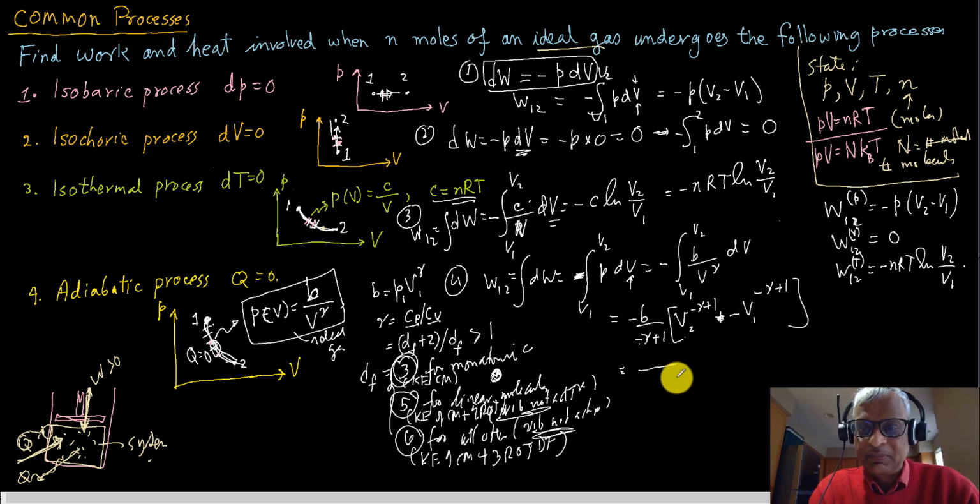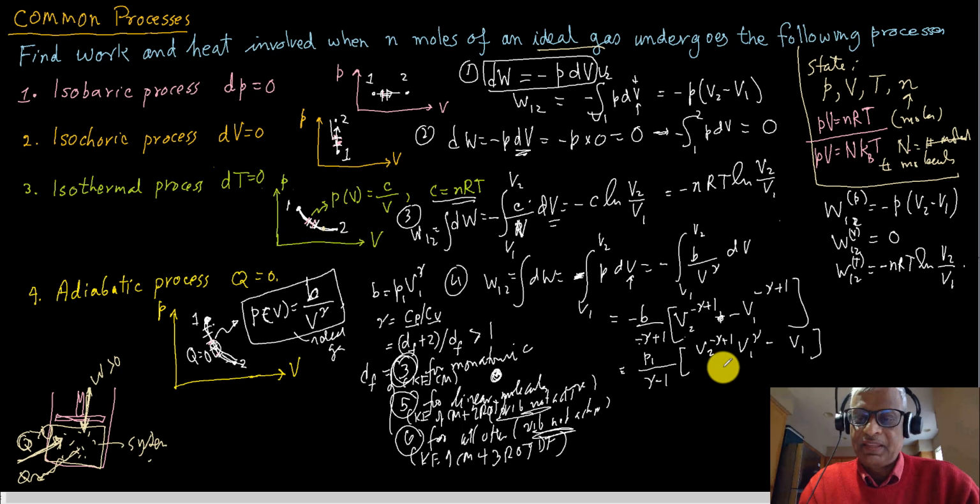So you have a gamma minus 1, and B is P1 times V1 to the gamma, we can just go down inside here. You have a V2 to the power minus gamma plus 1, and you're multiplying with V1 to the power gamma, and this will be just V1, and you can see over here there's a ratio of V1 to V2. So let's do it a little bit simpler.